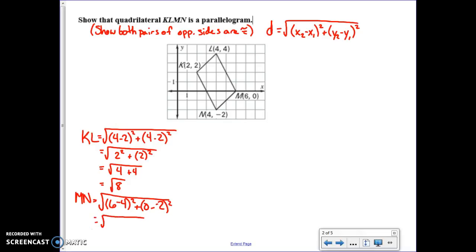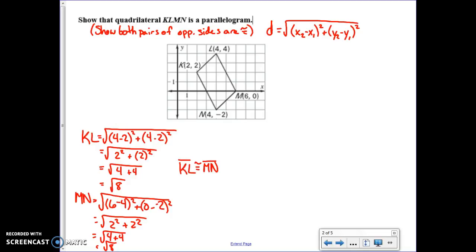So 6 minus 4 gives us 2. 0 minus a negative 2 also gives us 2. 2 squared is still 4, so 4 plus 4, we end up with the square root of 8. So both of them are the square root of 8, so what that tells us is that KL is congruent to MN. Let's see if we can do that again.